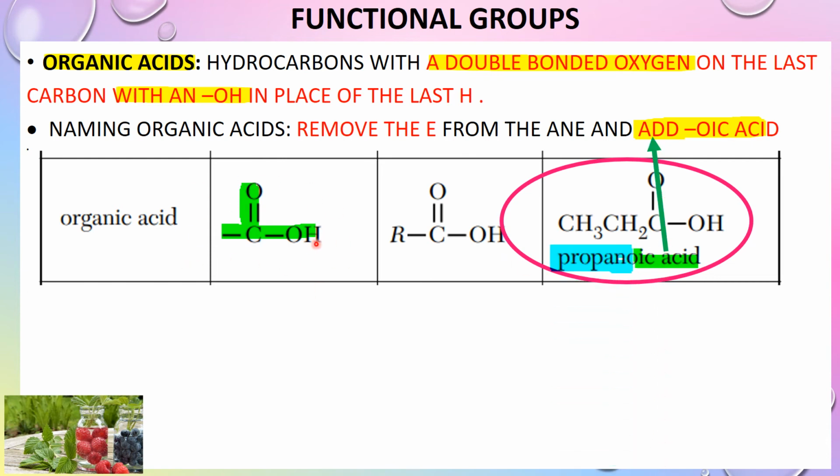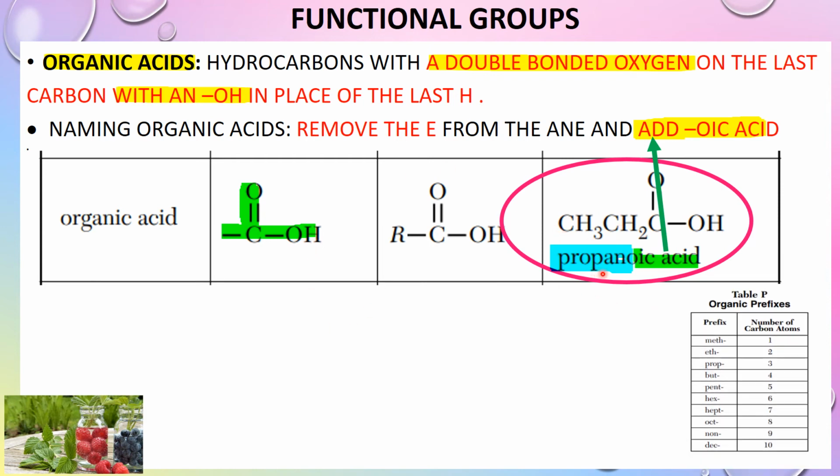Okay, next thing I'm going to do, I'm going to look at the beginning of it. Propano. Okay, I know prop means 3, so the main chain is going to have 3 carbons on it. What extra accessories am I adding here? Well, I know that it's an acid, so I know that there has to be a double bonded oxygen and an OH. But where does that have to be on an organic acid? Look at the instructions.